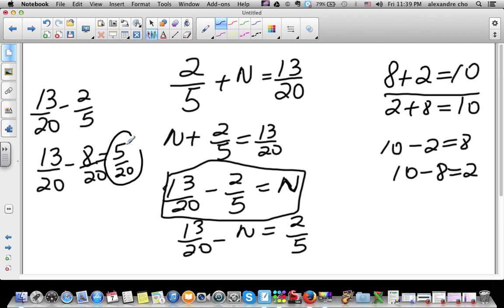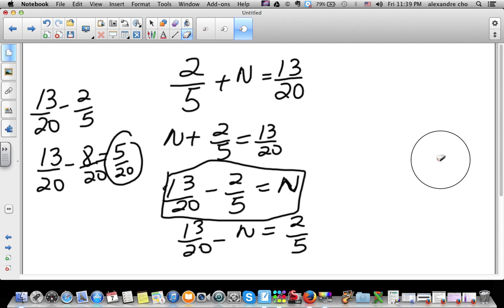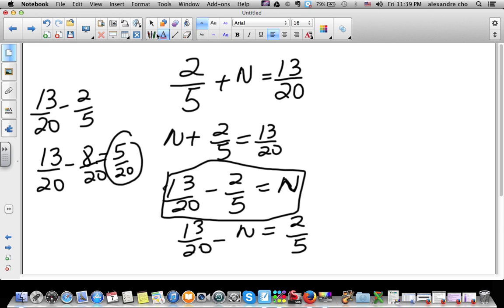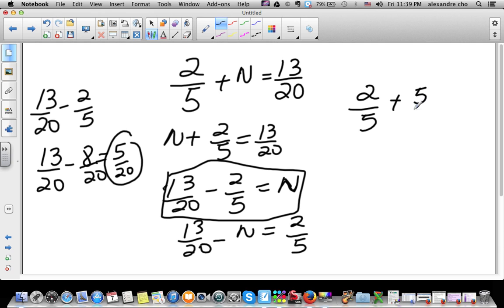So we can double check to make sure that that is indeed a true statement. Let's go back to our original fraction and see if that really is true. So it says 2 over 5 plus n, which in this case we just found out is 5 over 20, equals 13 over 20. Let's see if that is true.